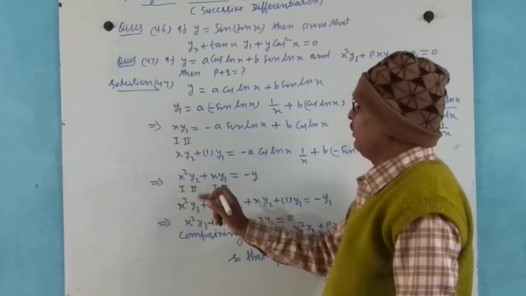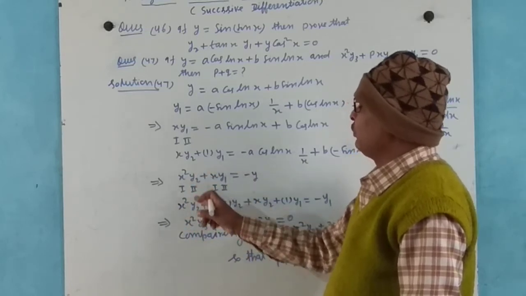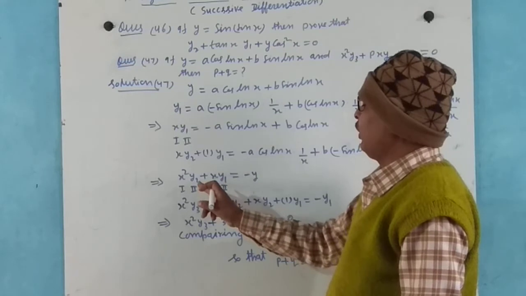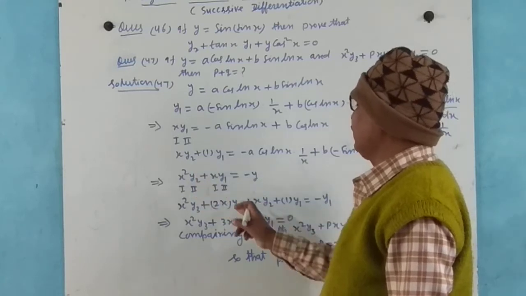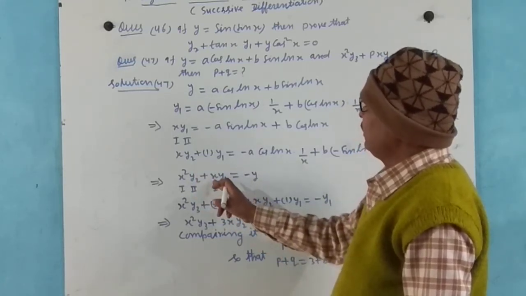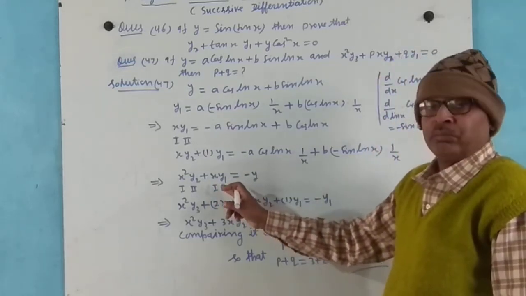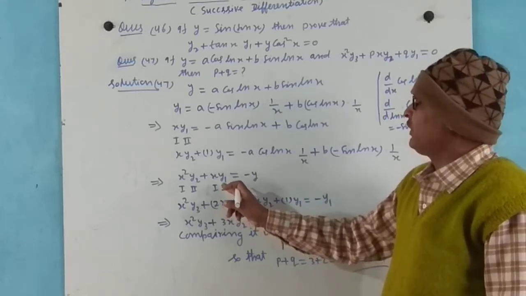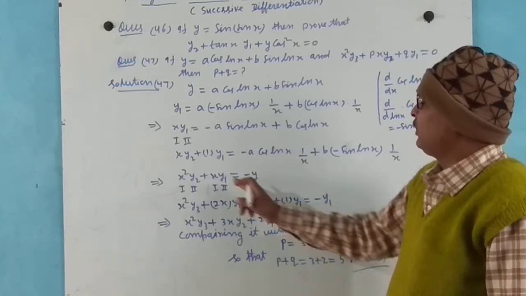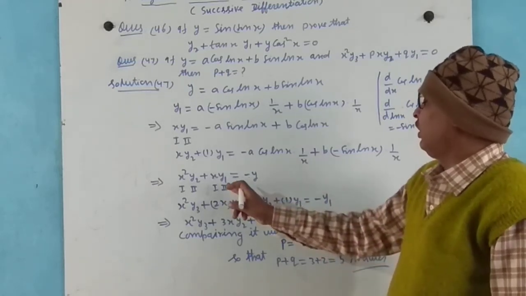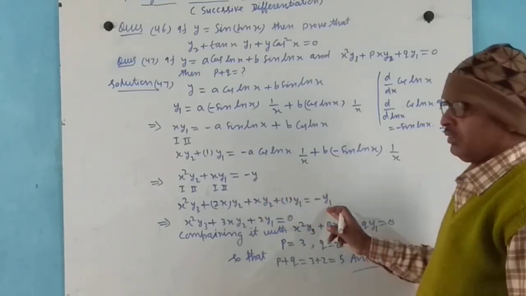Apply the product rule to the first and second terms. The first term is the same, d by dx of y2 is y3, and the differentiation of the first term is 2x and the second term is the same. Then the differentiation of the second term gives y2, and the differentiation of the first term is 1 with the second term the same, which is y1.